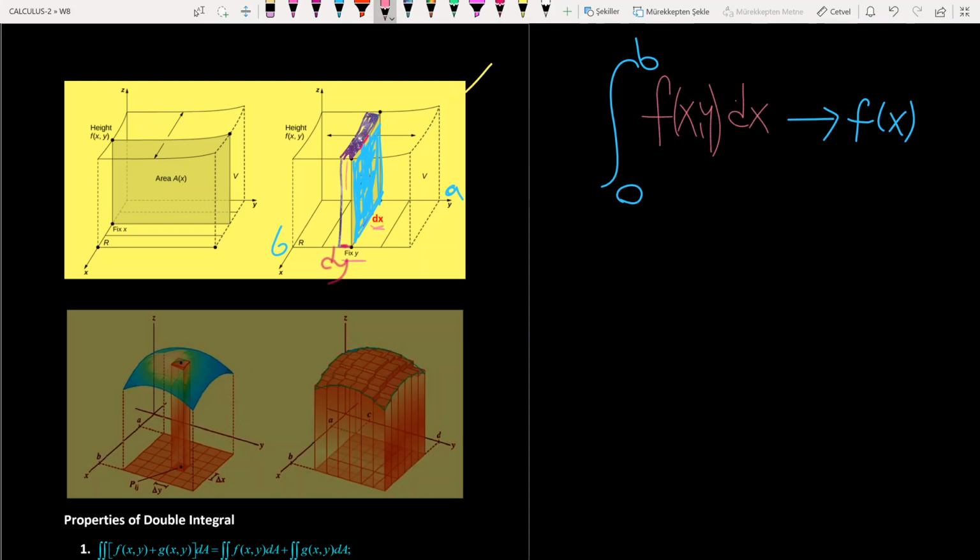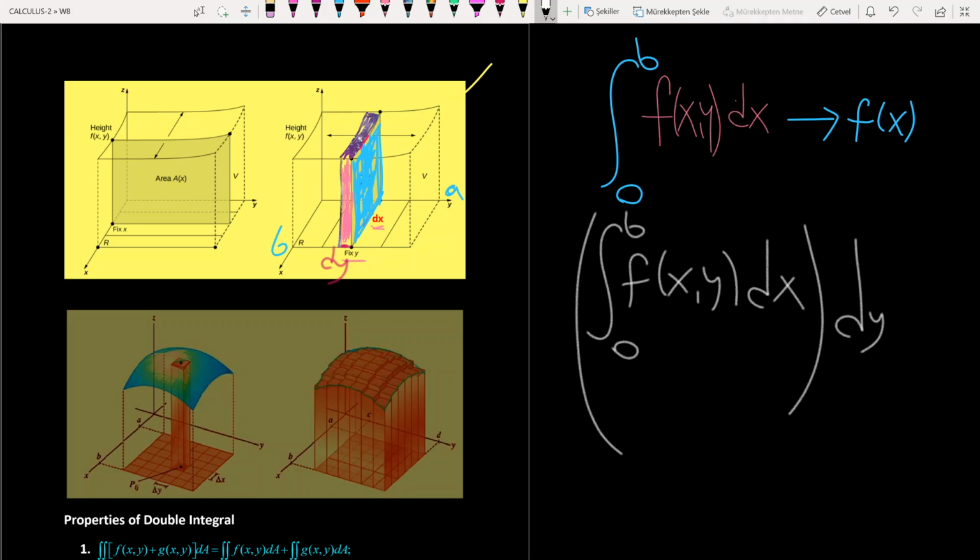Okay, now I continue to draw. If you multiply the area of the blue plane by dy, this is the area of the blue plane sliver by dy, you will get the volume of that box.